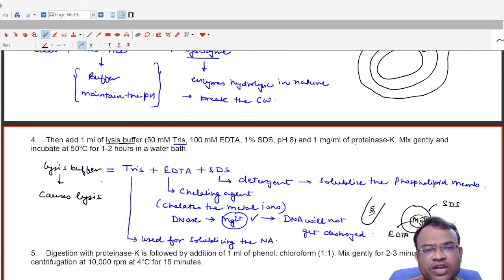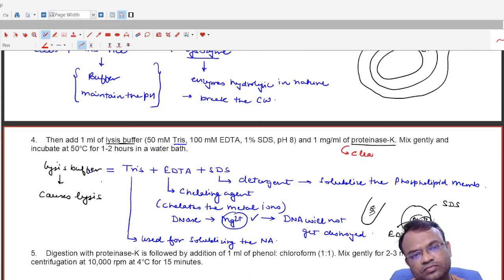After this, we have to mix proteinase K. Now as the name suggests, the proteinase simply means that it will cleave off the proteins, or distort or destroy the proteins.